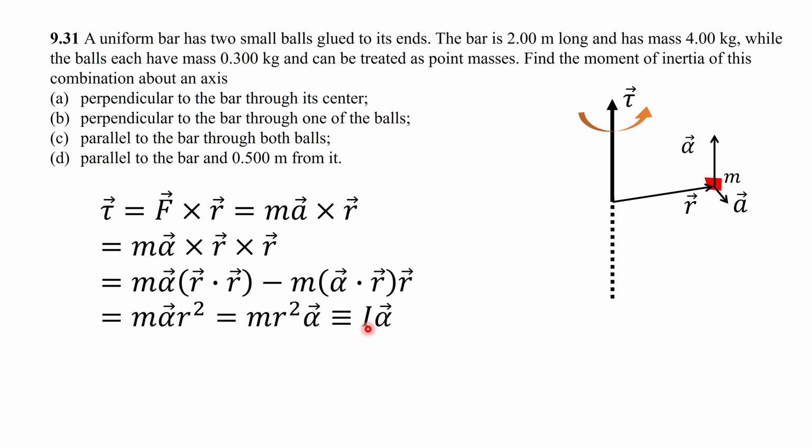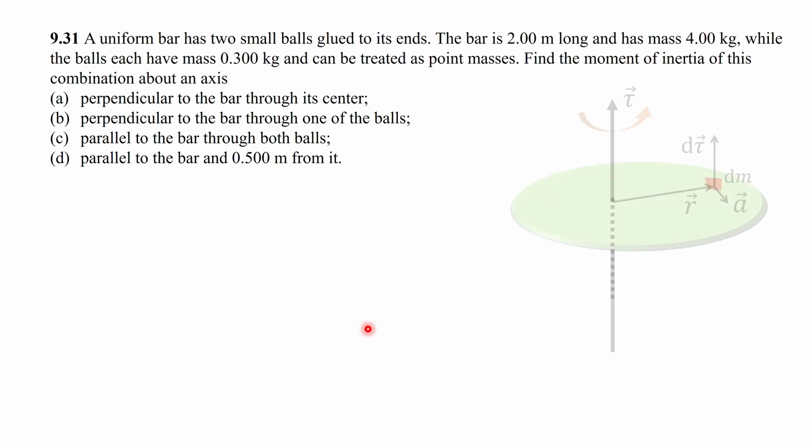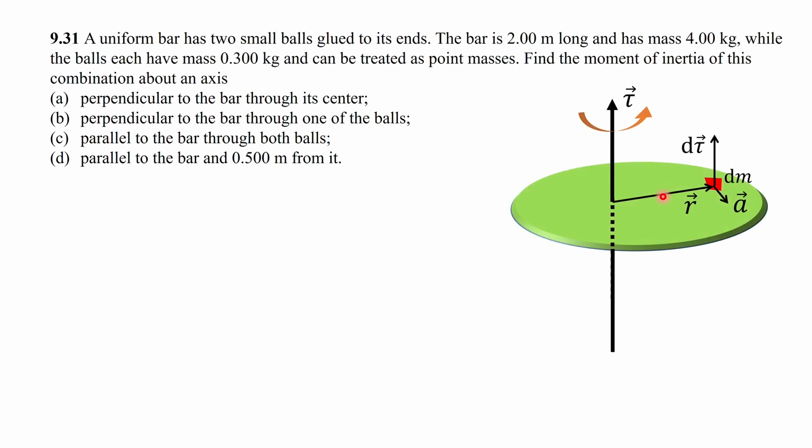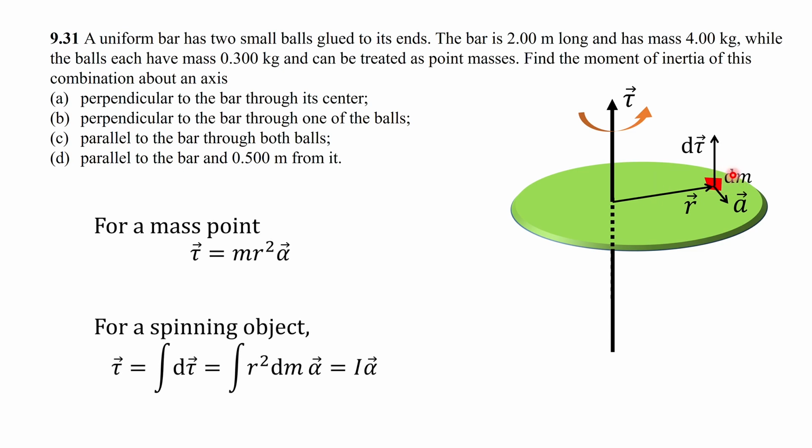But if we don't have a point mass, we have a disk or any object, how can we do the calculation? The idea comes from calculus. If we have an object, then we can divide the object into millions of small point masses. So this object consists of millions of small masses. I call it dm, the small mass. And we know for each small mass, the torque is equal to mr squared times the angular acceleration.